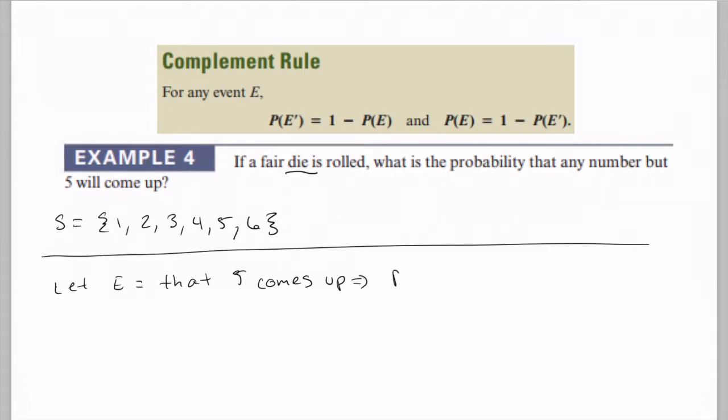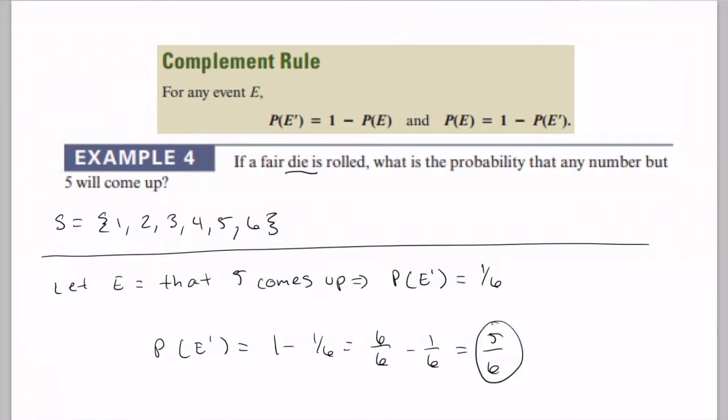Then the probability of E is 1/6. And to find the answer, we're just going to do the complement: 1 minus 1/6, which equals 6/6 minus 1/6, which equals 5/6. Okay? Now, that was one way of doing this.